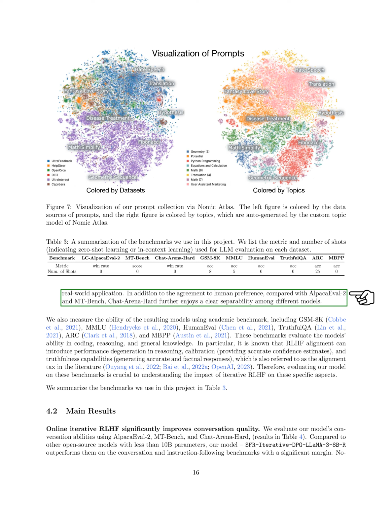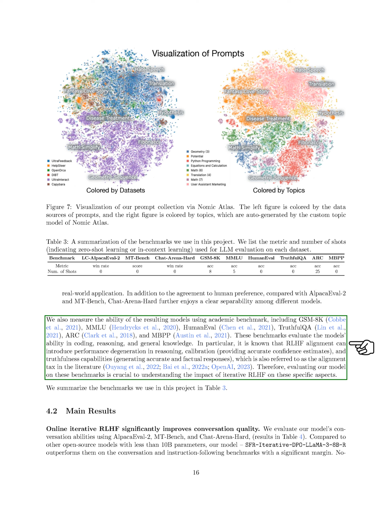Chat Arena-Hard includes 500 test prompts from Chatbot Arena's live data, evaluating the model's specificity, domain knowledge, complexity, problem solving, creativity, technical accuracy, and real-world application. We also assess the models using academic benchmarks like GSM-8K, MMLU, HumanEval, TruthfulQA, ARC, and MBPP to evaluate coding, reasoning, and general knowledge abilities.